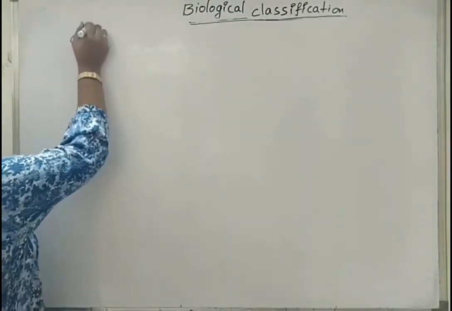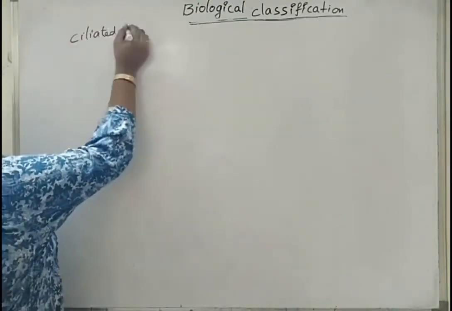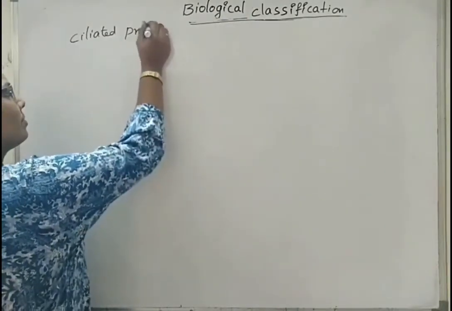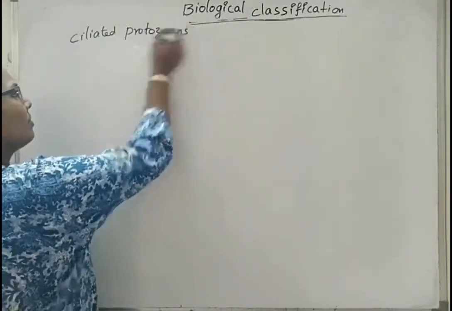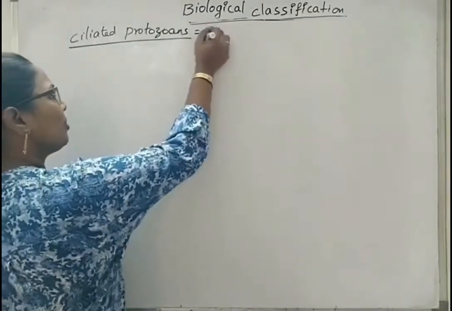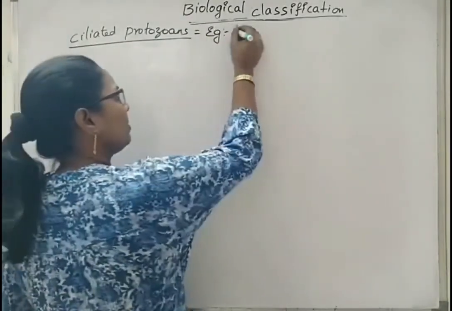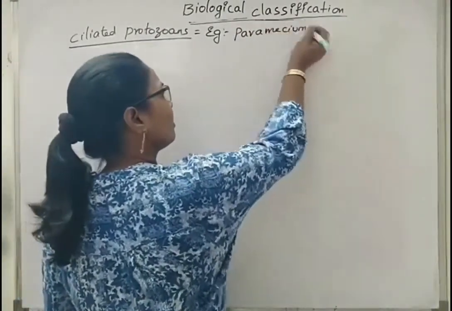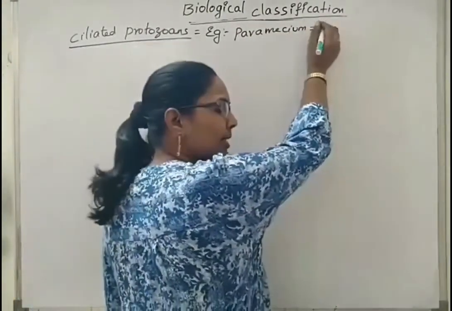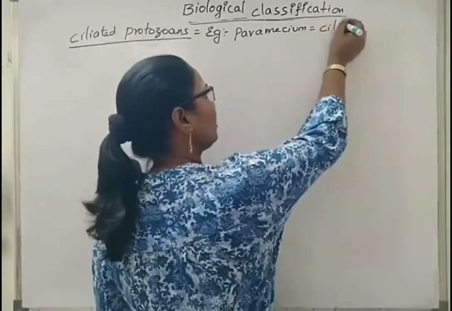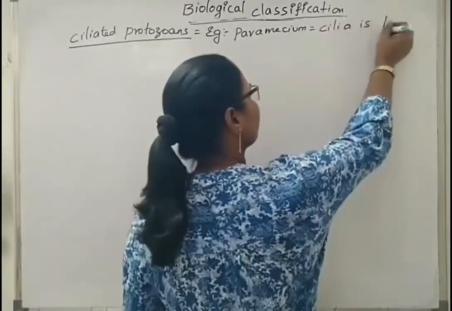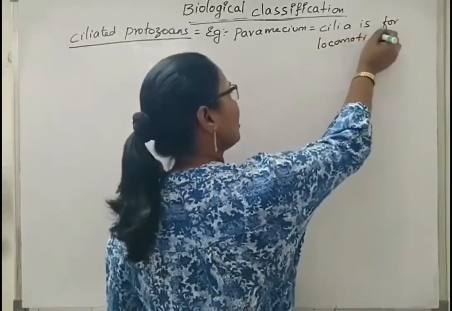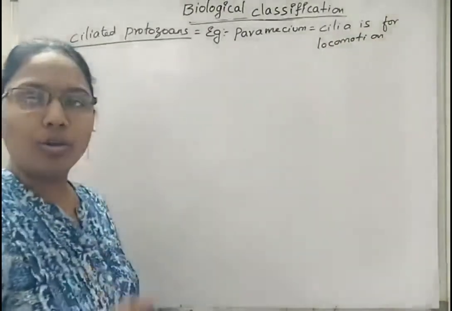Third one, ciliated protozoans. Under ciliated protozoans, one example is Paramecium. Paramecium has cilia for locomotion, present all over the body.